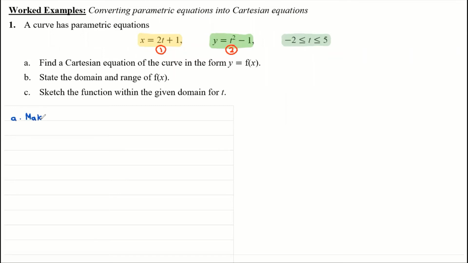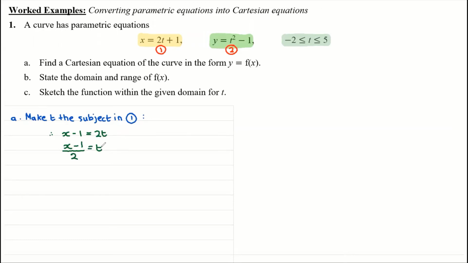Make t the subject in equation 1. And to do that, we have to subtract 1 and divide by 2. So therefore, x subtract 1 is equal to 2t. Divide by 2, so (x subtract 1) divided by 2 is equal to t.